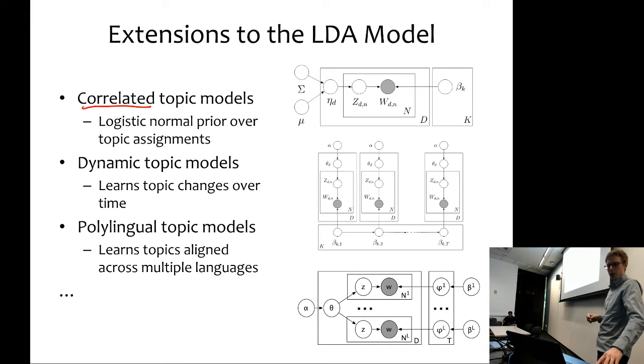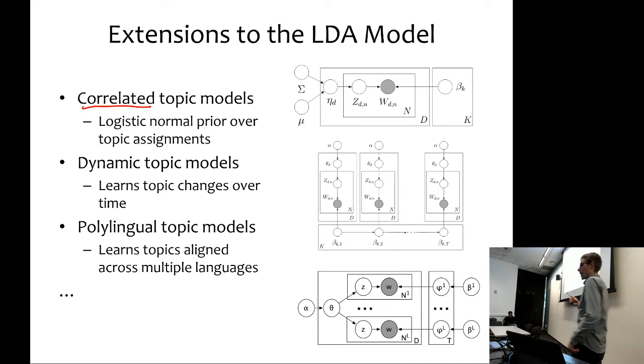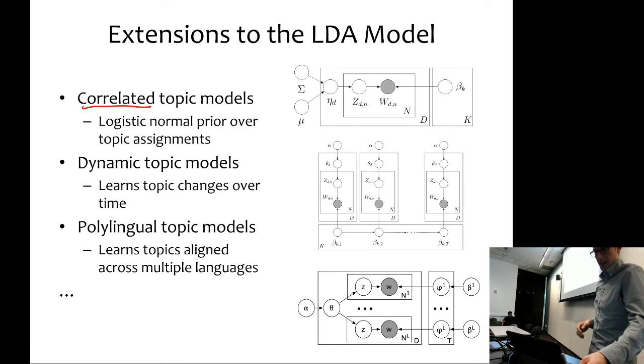And they're correlated in that there's actually a different prior placed over the actual topic assignments, such that you can get something more interesting than just the standard multinomial distribution over topic assignments.